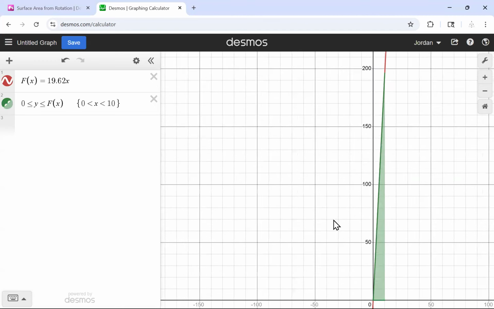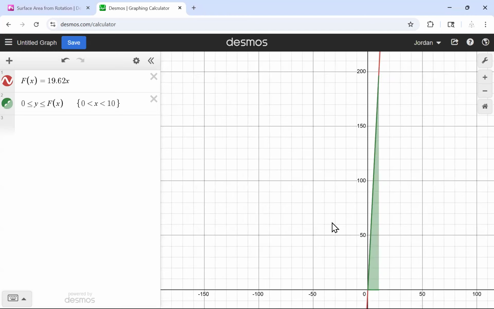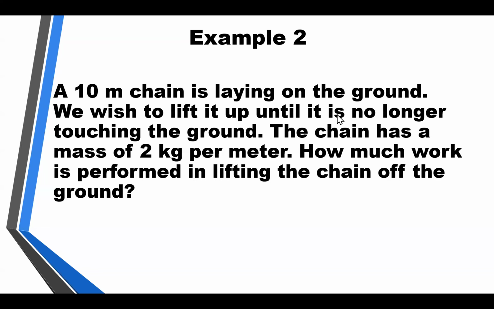This has such a steep slope of 19.62 that sometimes it's hard to see graphically, but all we're really doing is calculating this area underneath my force function between 0 and 10. And we got that that area was 981. Okay, so the work done was 981 joules.